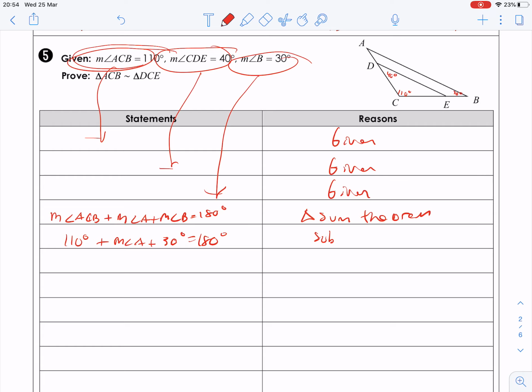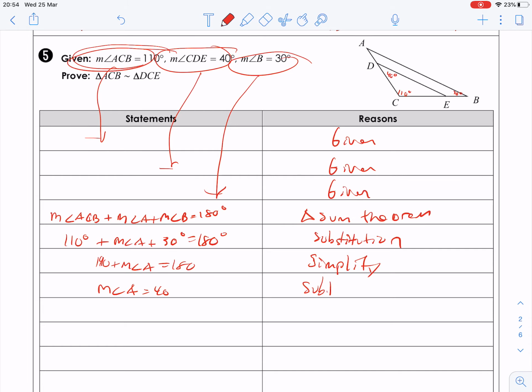That's substitution. And then we solve for A step by step. So we get 140 plus measure of A equals 180. That is going to be simplify, or you can say combine like terms.